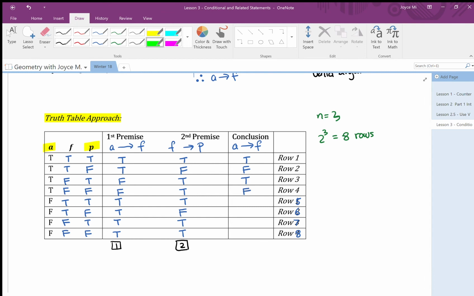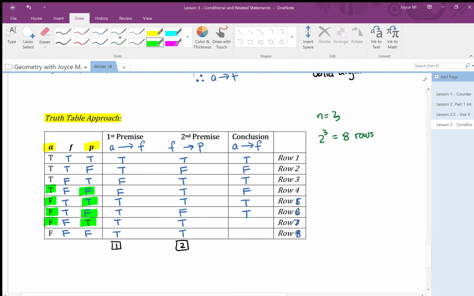Let me highlight as we go along. So again, this is true, false, so therefore it's false. And true, true is true. True, false is false. Let's review that. The next row I have false, true, which is true. False, false is also true. False, true is true.